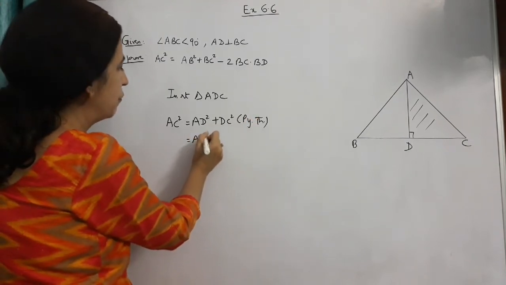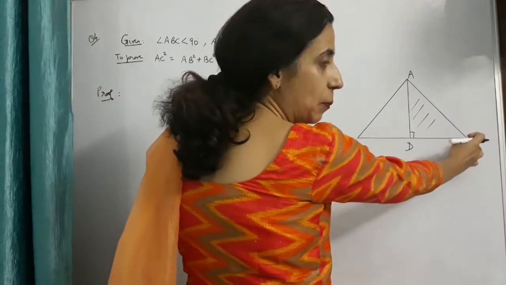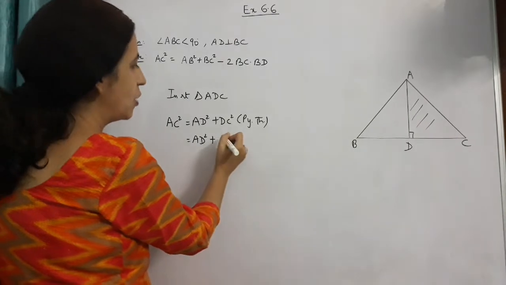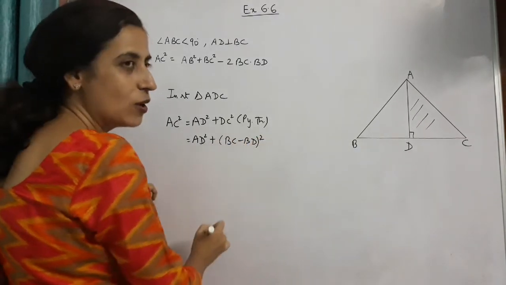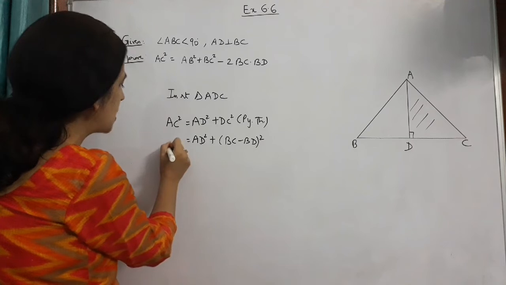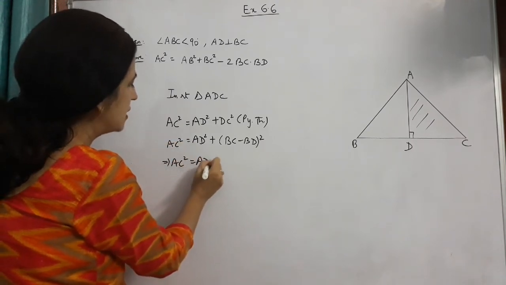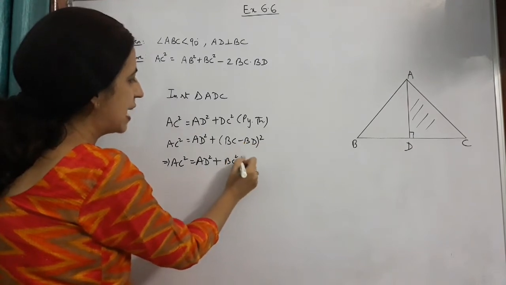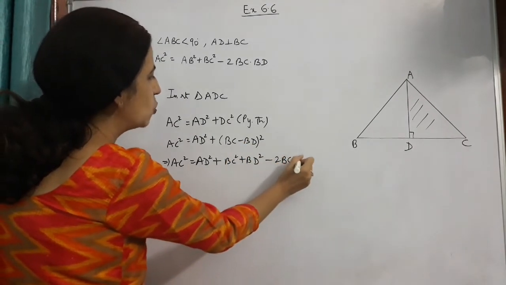Now from the figure we can see that DC can be written as BC minus BD. So in place of DC we write down BC minus BD whole square. And now we simplify this by using the identity A minus B whole square, which is A square plus B square minus 2AB.